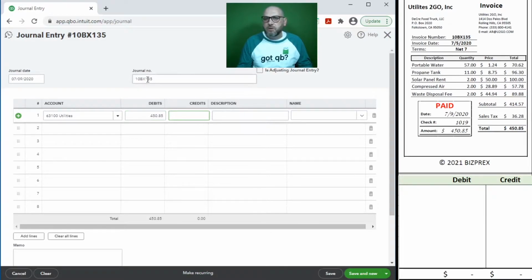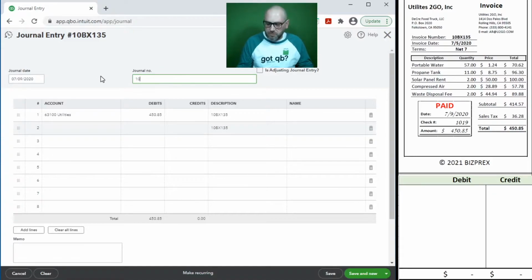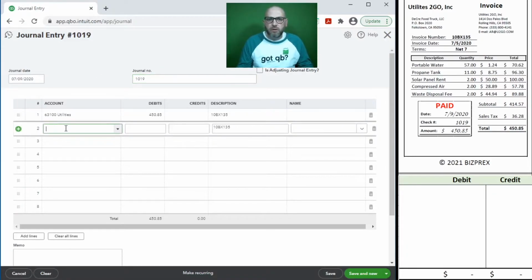And we're paying with check, right? So let's transfer the invoice number into the description and input the check number right here. And then our bank account will be credited because it is an asset, and assets are reduced when credited. So here we are, date, everything is good to go.